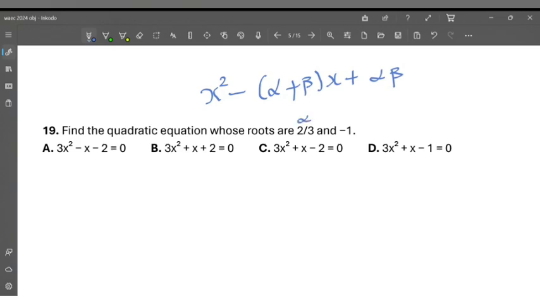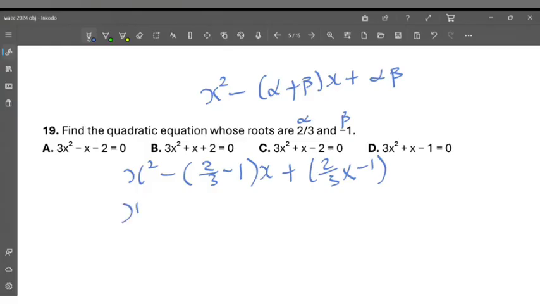So this will be my alpha and the second one will be my beta. So let us proceed. So that gives me x squared minus (alpha plus beta means 2 over 3 plus minus 1, which is going to be minus 1) x plus alpha beta, that means 2 over 3 times minus 1.